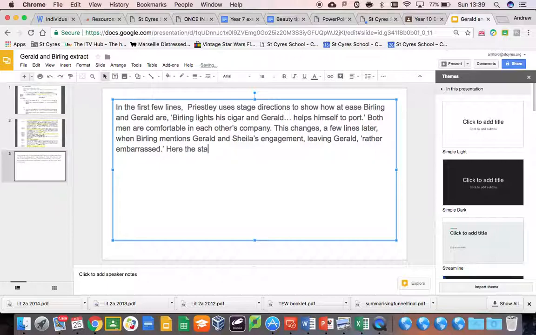So here the stage directions are used to show that Mr. Birling is awkward and sometimes says the wrong thing.